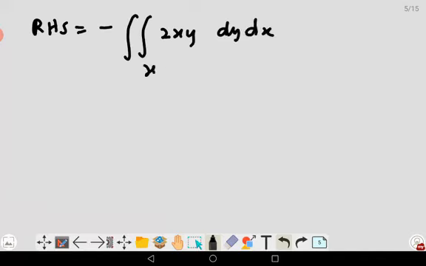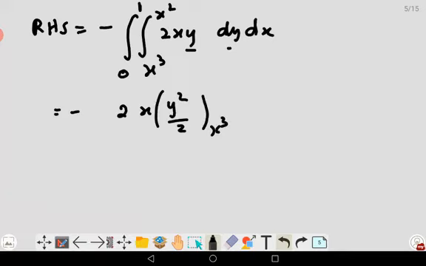The limit of y is from x cube to x square, and 0 to 1 for x. Now integrate y with respect to y. You will get minus 2x y square over 2 from x cube to x square. Another integration is with respect to x, written outside. So 2 and 2 will be cancelled.